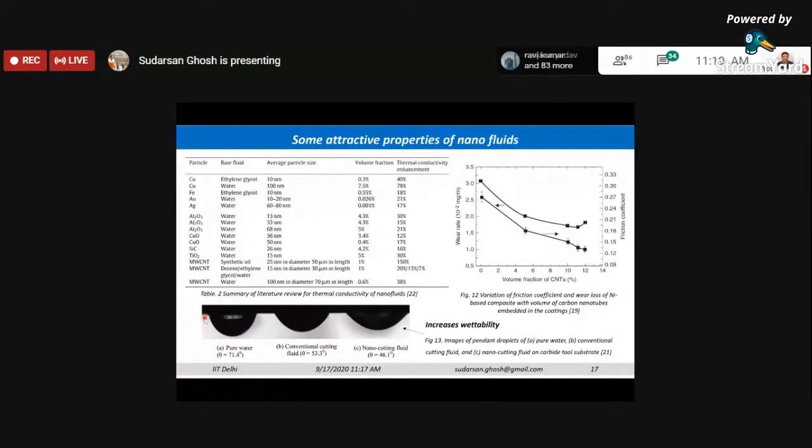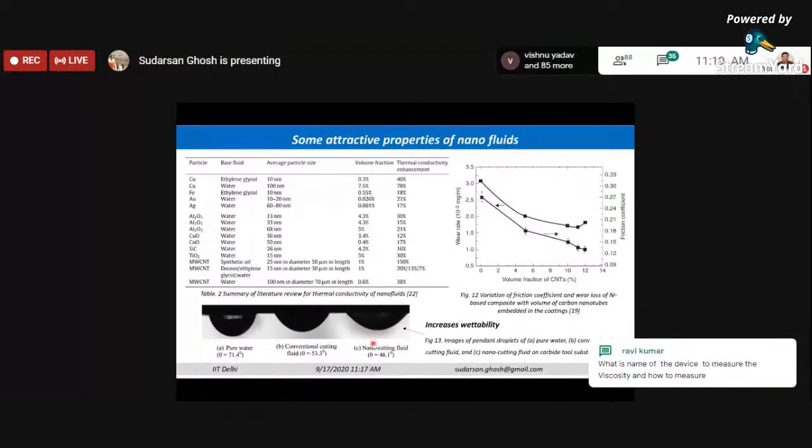This is the contact angle which has been measured. In case of pure water, it has been found to be 71 degrees. Now when we are using cutting fluid, the contact angle is becoming narrower. For the nano cutting fluids, the contact angle is even narrower, as you can very clearly see from these images.